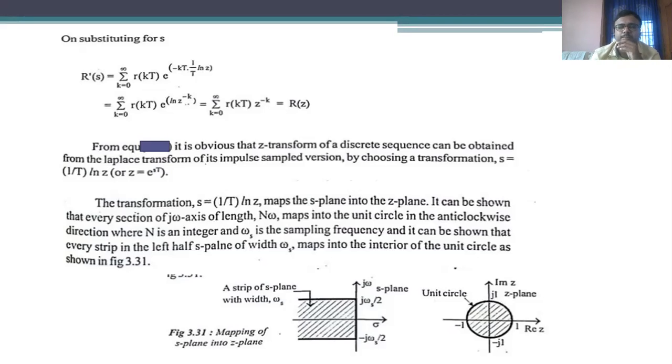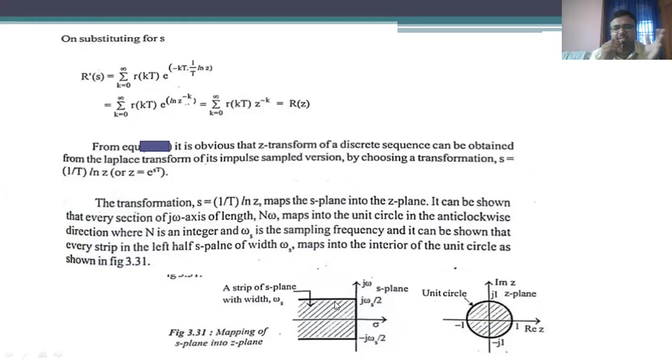Let us consider the S-plane, which has the axis from minus j omega to plus j omega. Let us frame the S-plane division with the axis from minus j omega to plus j omega and divide the left hand side.